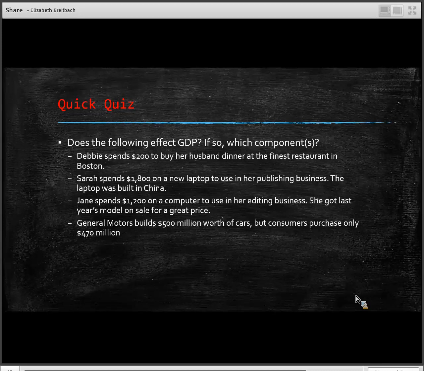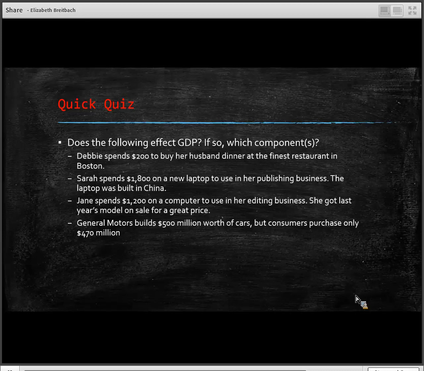Sarah spends $1,800 on a new laptop used in her publishing business. The laptop was built in China. This is going to be an import. So what we see is when Sarah spends $1,800 on a new laptop to use in her publishing business, that falls under investment, and it made investment go up $1,800.